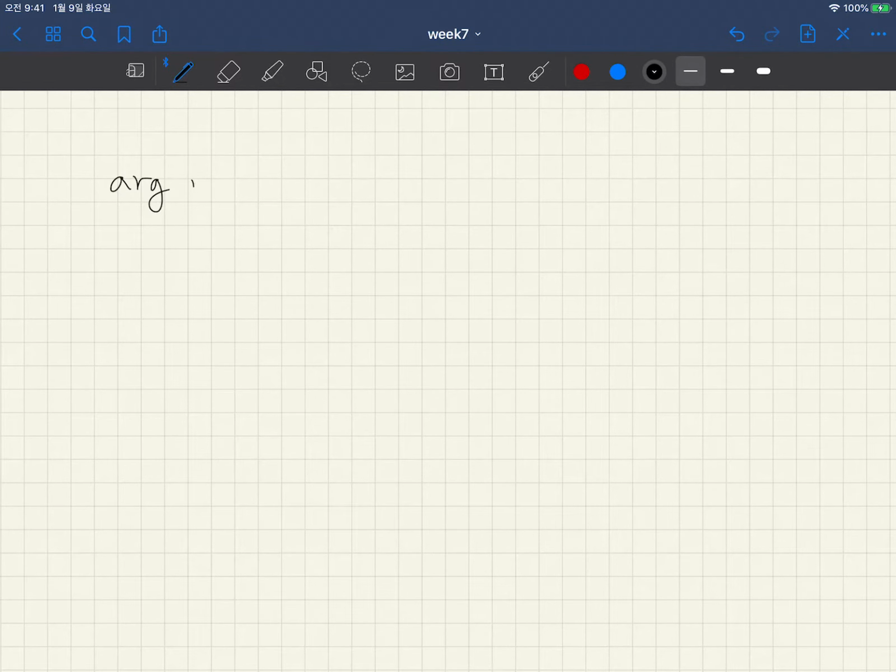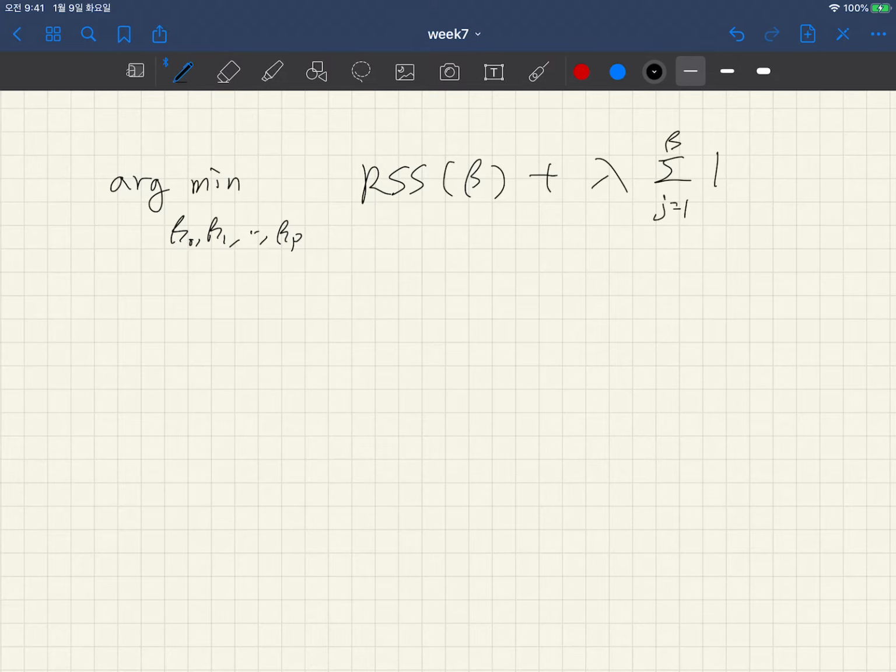LASSO solves the argument beta 0 to beta p that minimizes the RSS function plus lambda times the sum from j equals 1 to p of the absolute value of beta j, which is essentially lambda times the beta one-norm. So Ridge regression is called two-norm regularization, and LASSO is called one-norm regularization in some places.